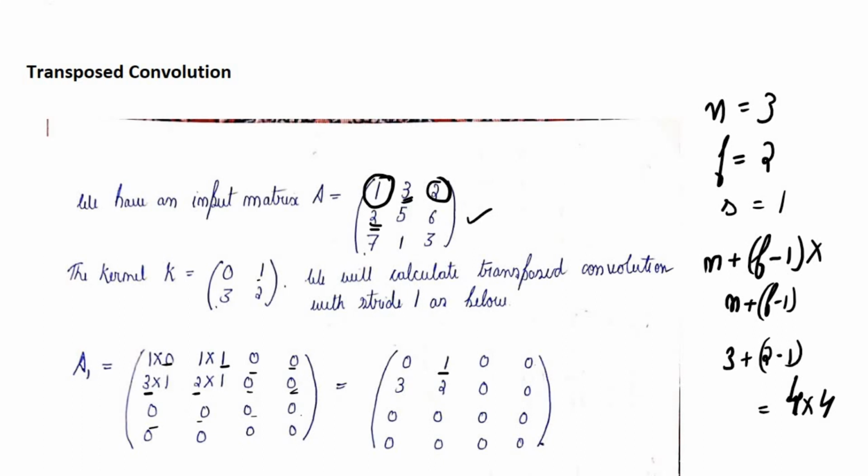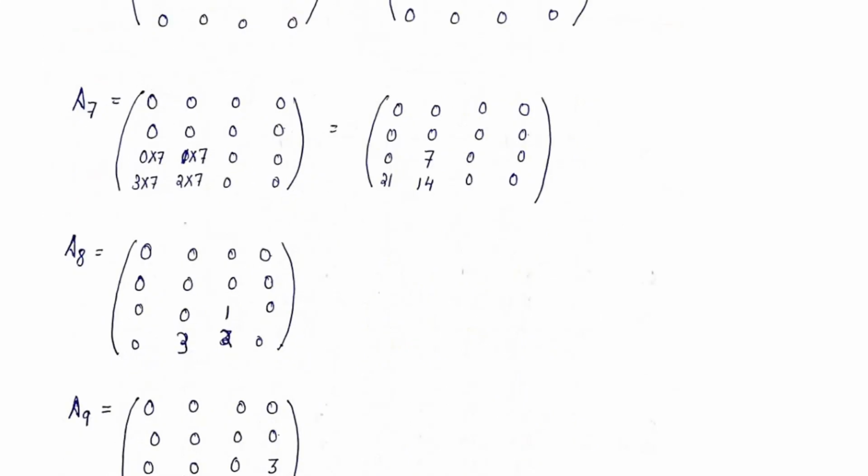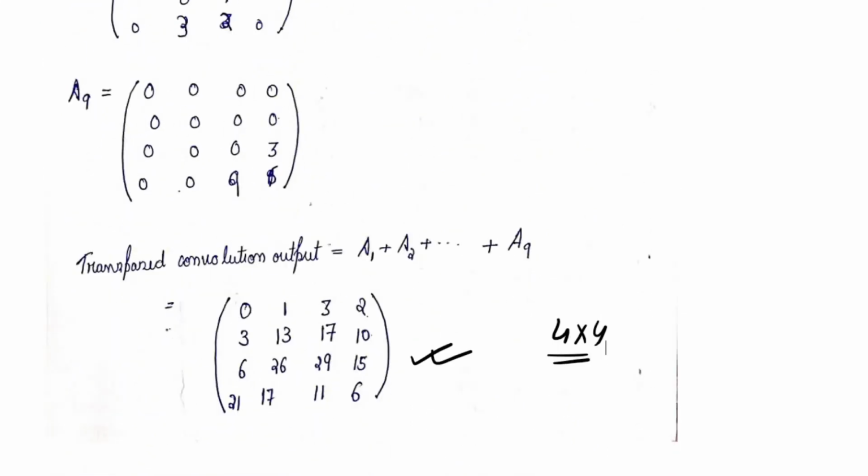Unlike the previous convolutions where the output size is either less than or equal to the input size, we see that the output size is actually greater than the input size. So we had an input of size 3 cross 3, and now we are getting an output of size 4 cross 4.